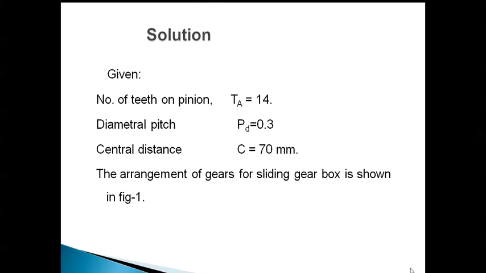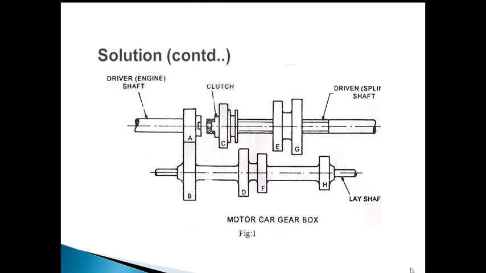The arrangement of gears for the sliding gearbox is shown in the figure. So this is the arrangement of the sliding mesh gearbox. In this we have driver shaft and driven shaft.